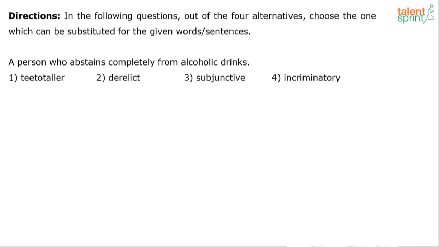Let's look at the options one by one. Very common word, very important word. Teetotaler is someone who abstains from drinking, but for the convenience sake, we will look at all the other options as well. Which part of speech is teetotaler? Teetotaler is a noun. Derelict is an adjective. Subjunctive is again an adjective.